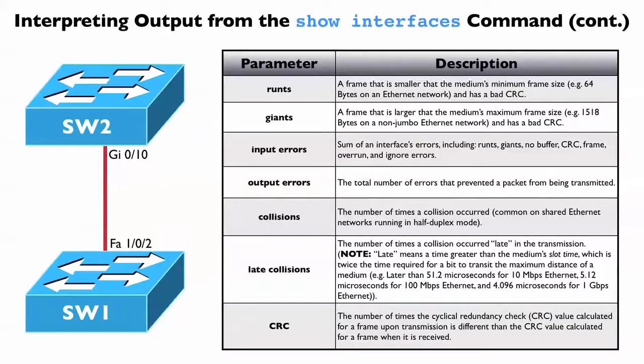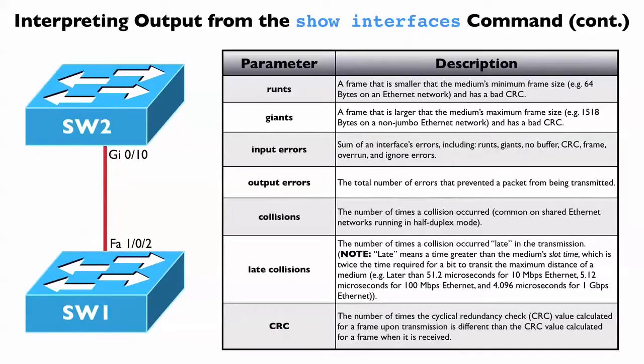Well, think about a fast Ethernet network as an example. If we're running unshielded twisted pair, category 5, and we have a fast Ethernet network, what's the maximum distance between a couple of switches, theoretically anyway? It's 100 meters. Well, a slot time is twice the time it takes for a bit, an electrical pulse, to be sent over that maximum distance.